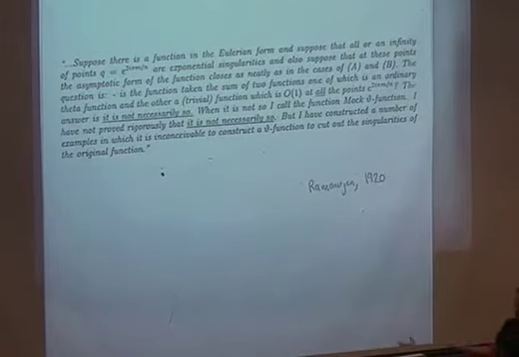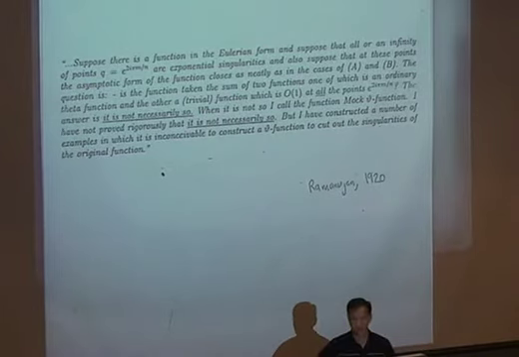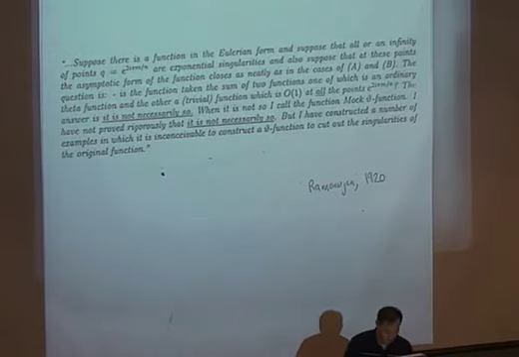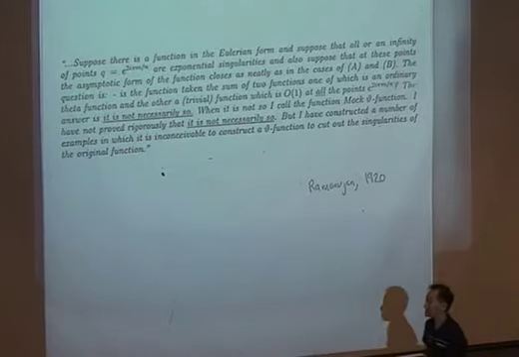In this letter, he goes on to ask the following question, and I'll just read it to you. He says, suppose there's a function in Eulerian form. Take that to mean basic hypergeometric series. Suppose there's a function in Eulerian form, and suppose that at all or an infinity of these roots of unity, you find that, well, let me just paraphrase.